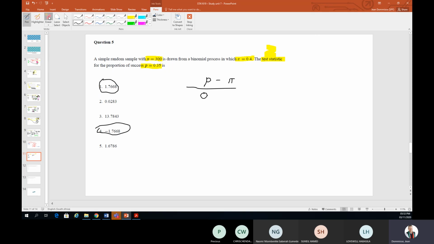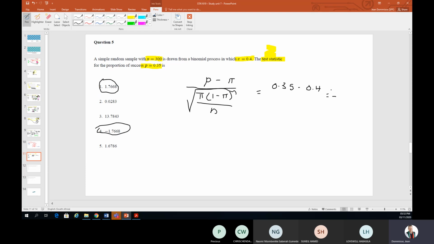So let's first write it out, but it's nearly the whole time the same formulas that we use. It also nearly sticks in your mind. So 0.35 minus 0.4.